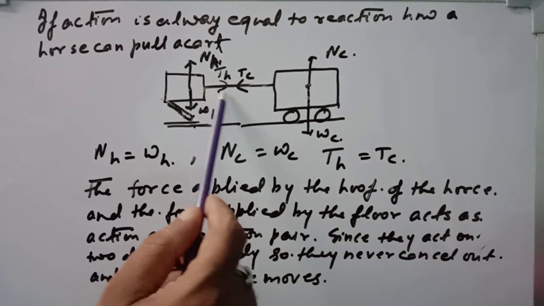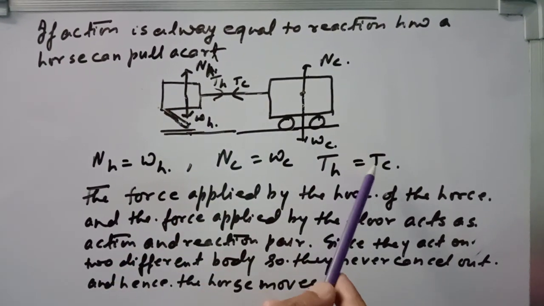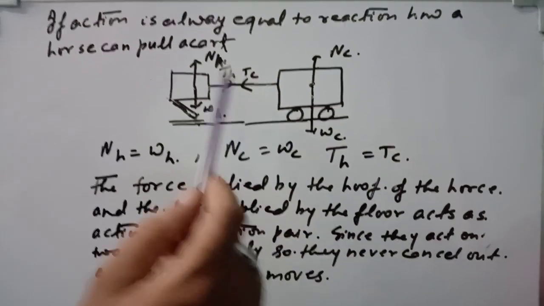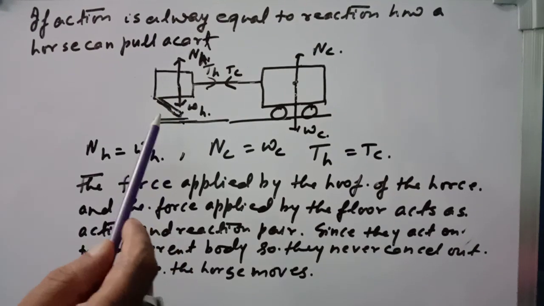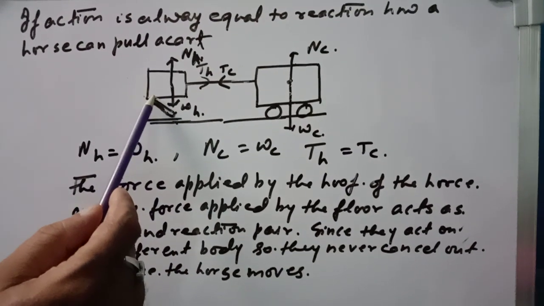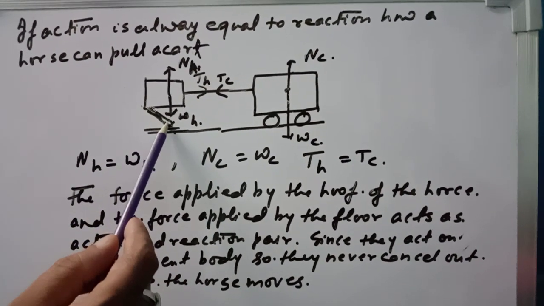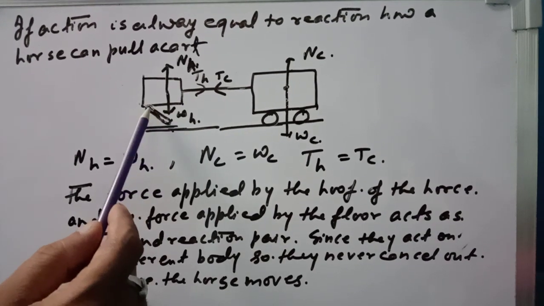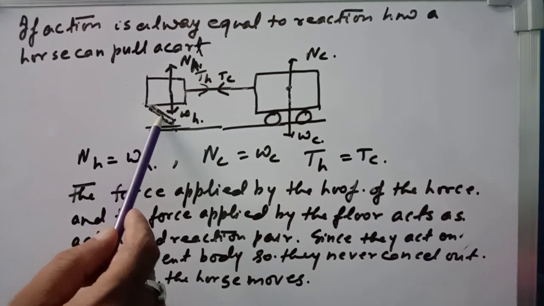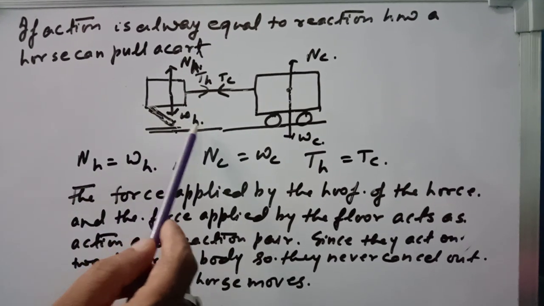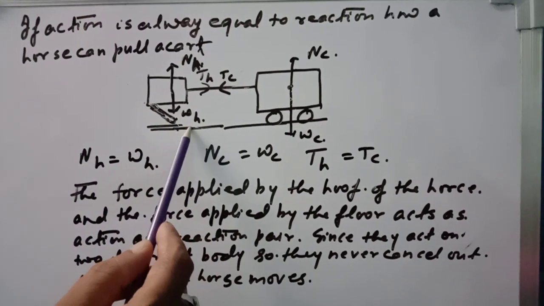The tension applied by the horse on the rope and the tension applied by the cart on the rope are also equal. Now the only thing is that the hoof of the horse, the feet of the horse in contact with the surface, applies a force on the floor and the floor also applies a force.